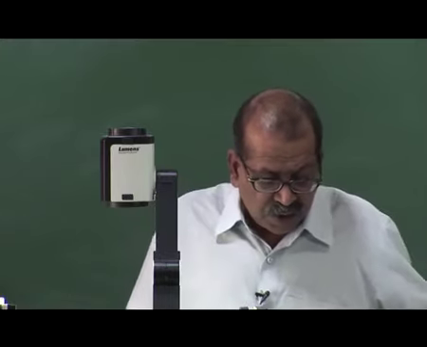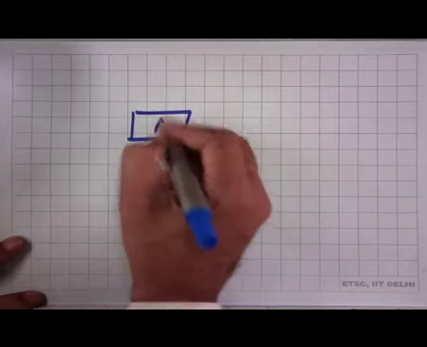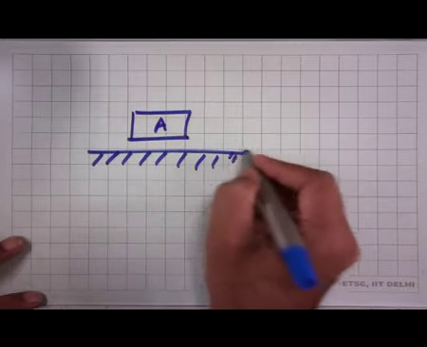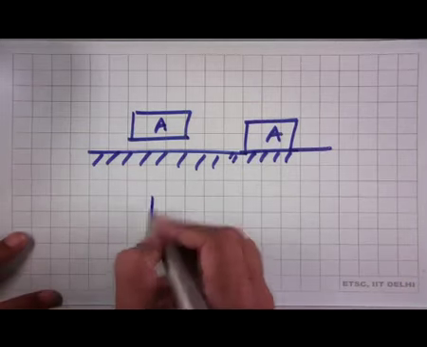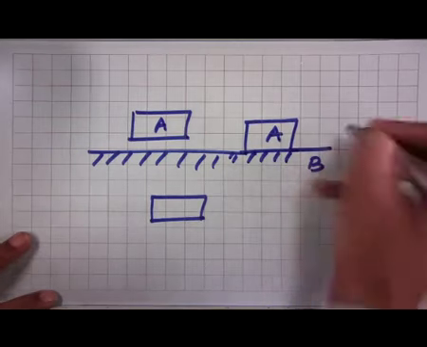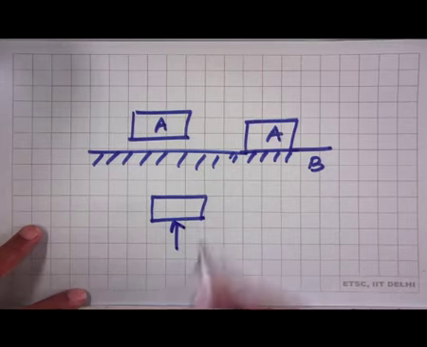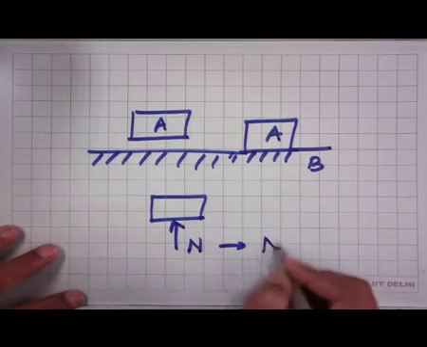So, if we have a contact force between two bodies A and B, it acts in a general direction, and we divide it into two components. Let us once again go back to the old example. This is body A, in contact with body B. When I look at body A, there will be a force due to body B, which is the earth, and we divide it into two components. The component normal to the surface we call N, the normal reaction.